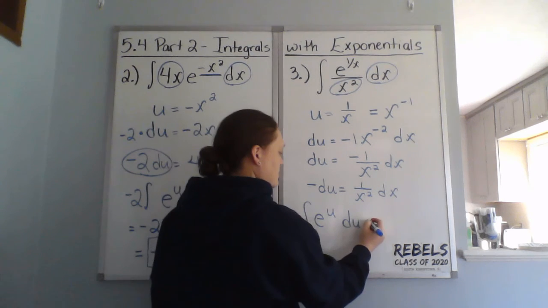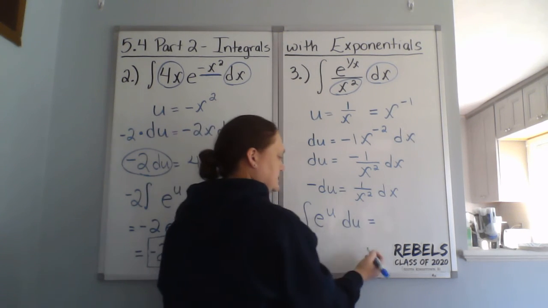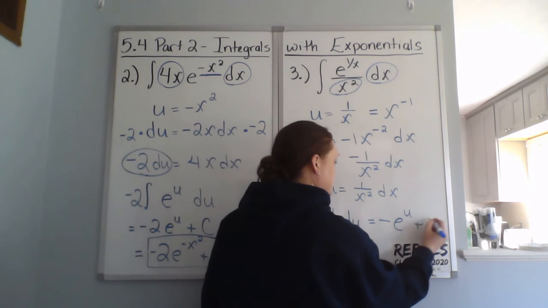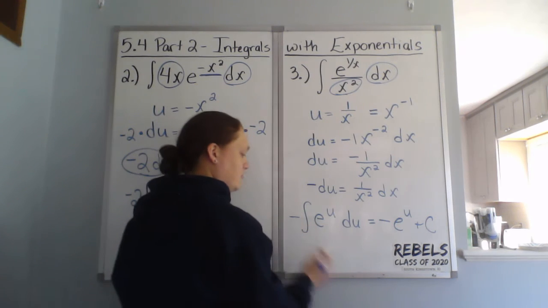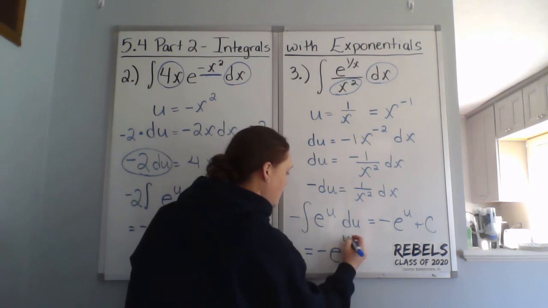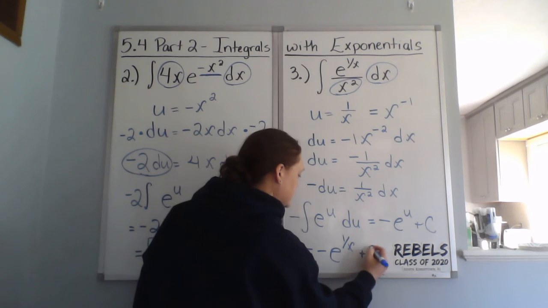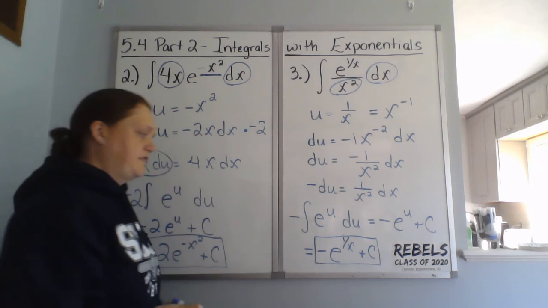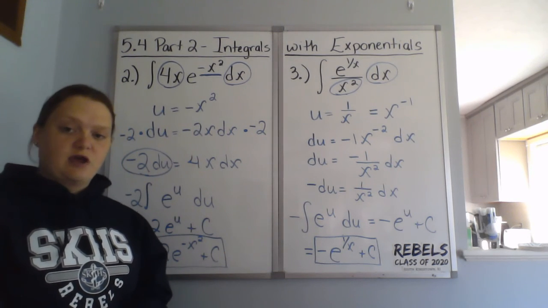We know that the antiderivative of e to the u is itself, the coefficient stays, so negative e to the u plus c, and then replace the u and you're finished. So the antiderivative here is negative e to the 1 over x plus c. There's our final answer.